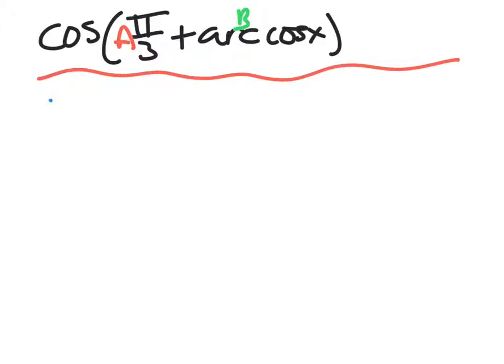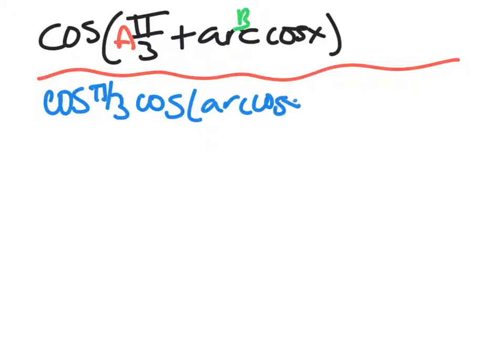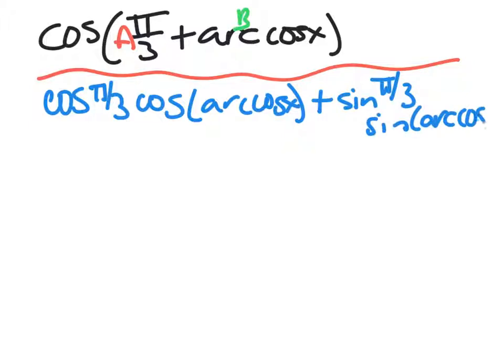So it's going to be cosine pi over 3, cosine of arc cosine, cosine, sine, sine. Okay, so you might want to pause and take a minute to copy all that down because we're going to have to do a little bit of work. So we'll deal with the cosine of pi over 3 and sine of pi over 3 later because that's on our unit circle. We're going to deal with this part right now.